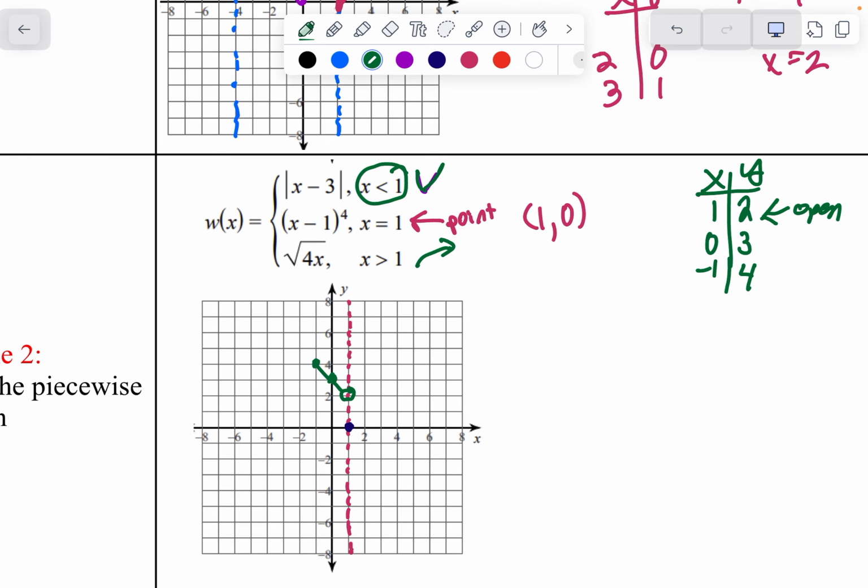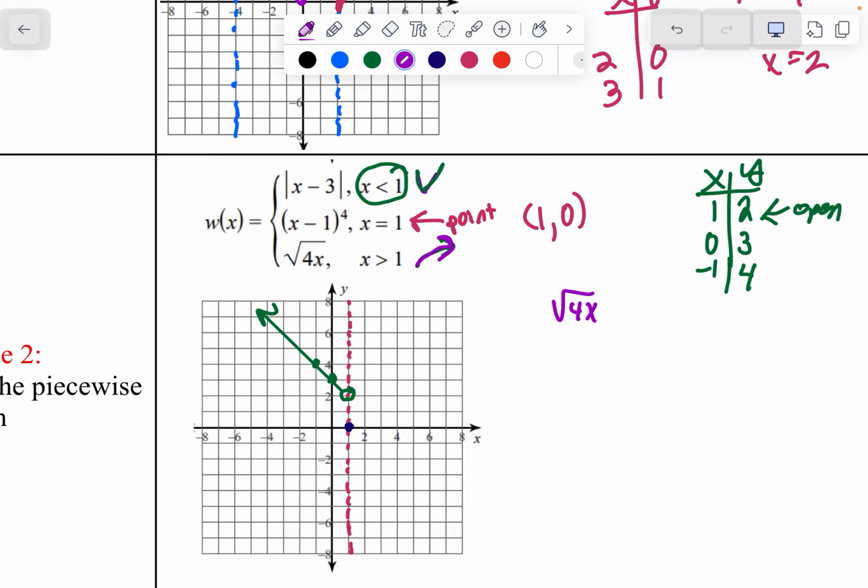So that it's just part of our V, not the whole thing. Okay. So that's just the left-hand arm of our V. So many times you just kind of get a little piece. Okay. Now let's talk about the square root of 4x.